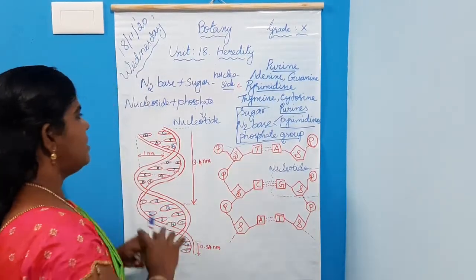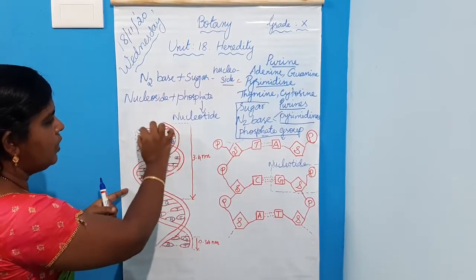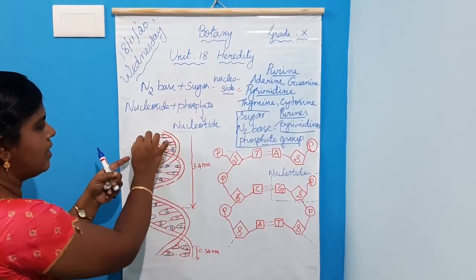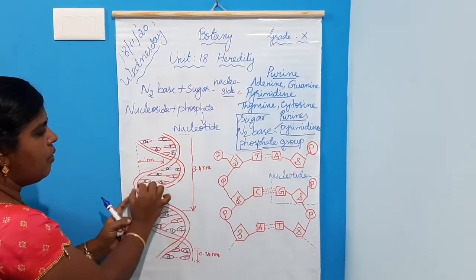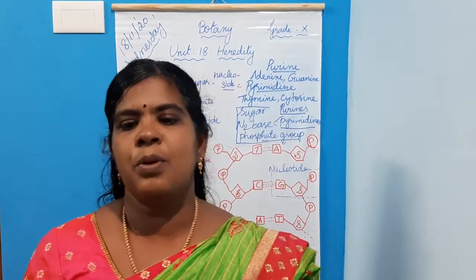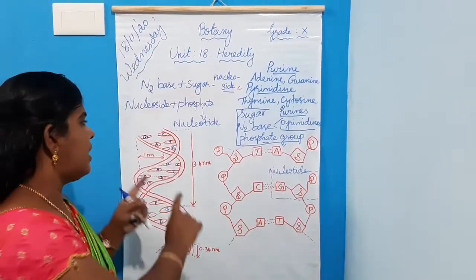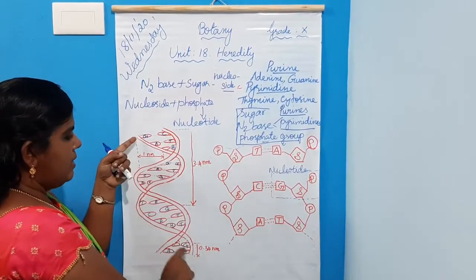These chains form a double helical structure. This is one helix, this is another helix. These two strands run anti-parallel to each other.